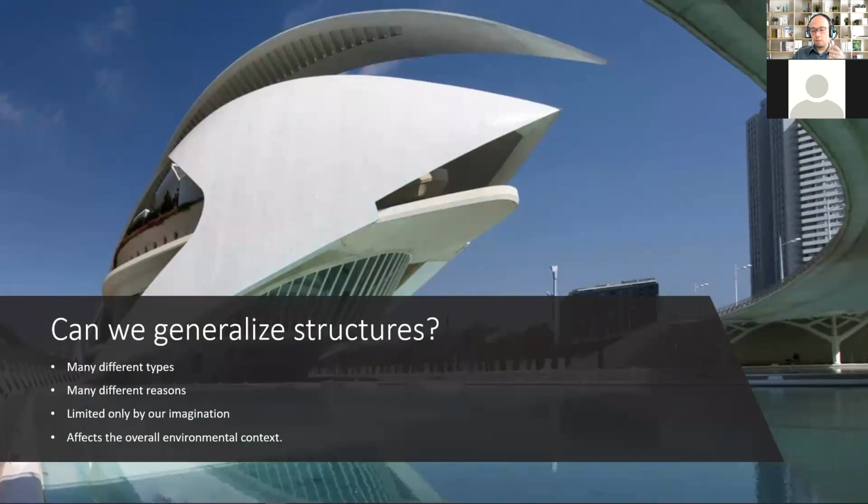Although not just imagination. I mentioned last week how technological advances have made certain construction techniques possible. So imagination, technical capacity, and technological availability limit the types of structures possible.